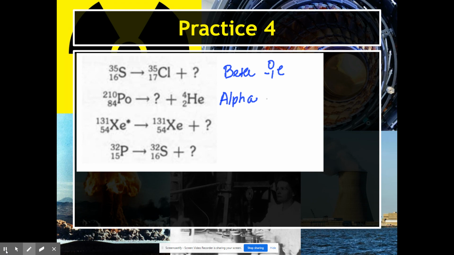We're going to subtract 2 from our atomic number, so that's 80. We're going to subtract 4 from our mass number. Okay? What element is number 80? Mercury. Oh, it would help if we did math correctly. Sorry, guys.